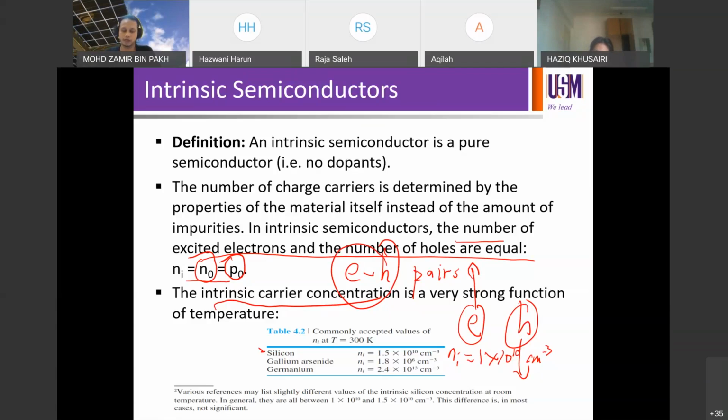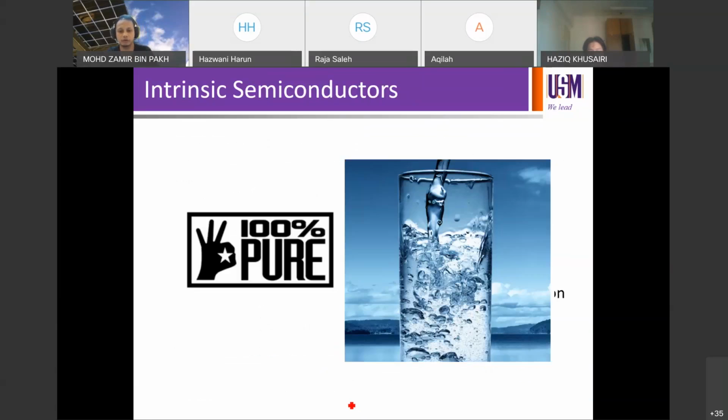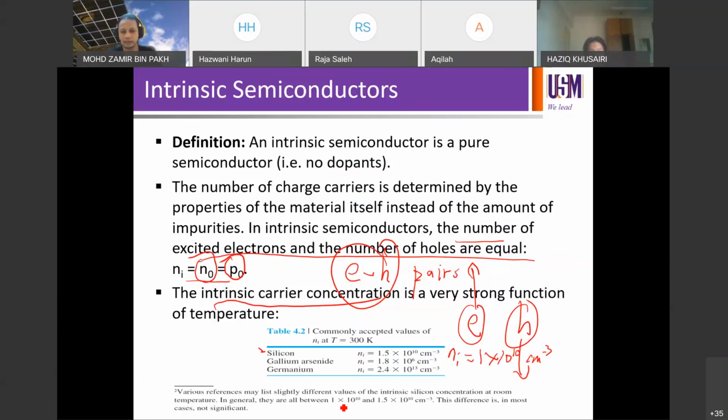You can use either one, but for the sake of calculation, you can use 1.0. Even though you use either one, you will notice that later on the difference in the answer will not be so significant. If I were you, I would use 1 times 10 to the 10 because it's not wrong anyway.